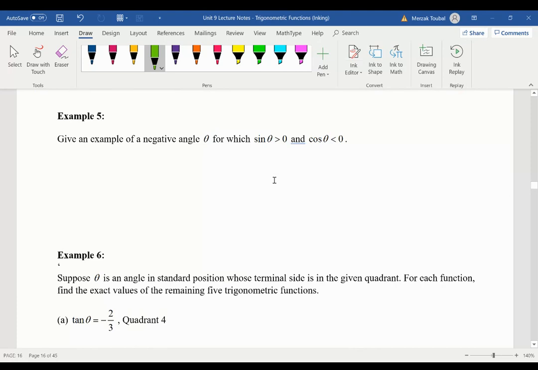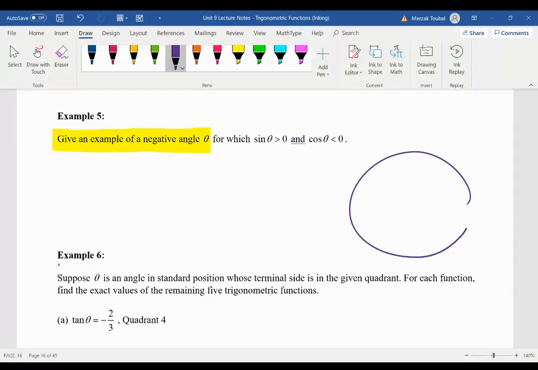Example 5 says, give an example of a negative angle theta for which sine of theta is positive and cosine is negative. So let's make a figure and then we can figure it out. Sine is positive on quadrant 1 and quadrant 2.